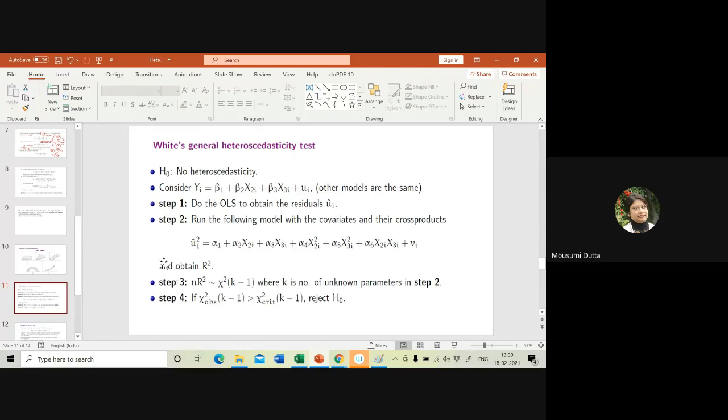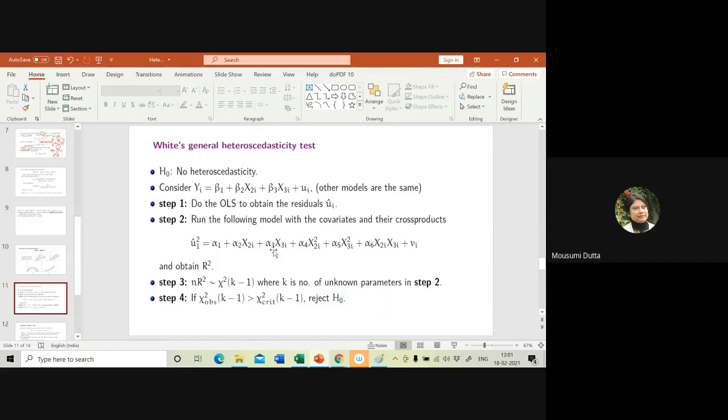Once you can estimate the parameters, apply the LM test. You need to find R square. The LM test statistic is given by the number of observations times R square, and that follows chi-square. You compare it with the critical chi-square at the 5% level, 1% level, etc. If the estimated value is greater than the critical value, you reject H naught. You know the rules for when to reject or accept. So look at these steps very carefully.